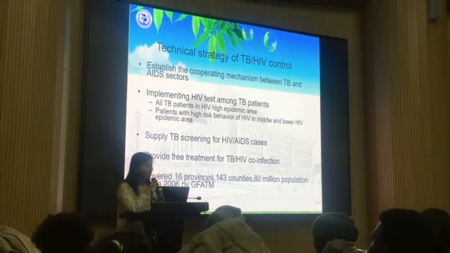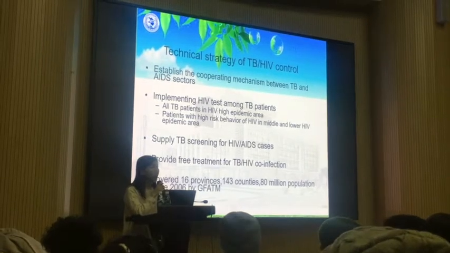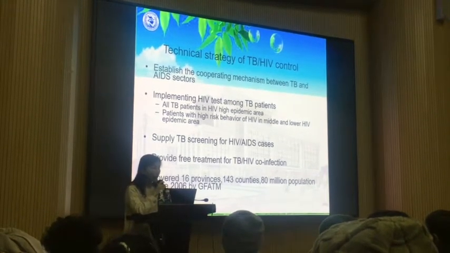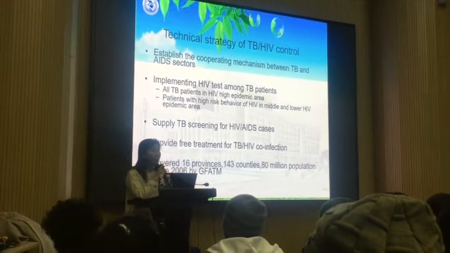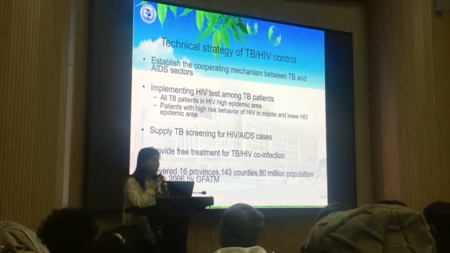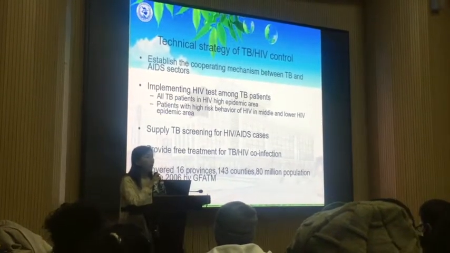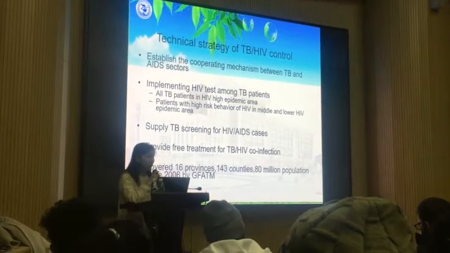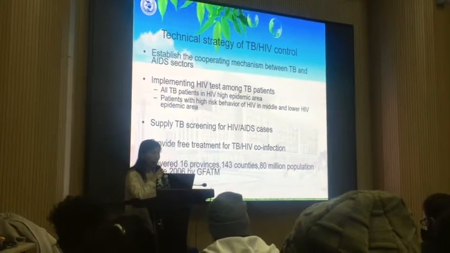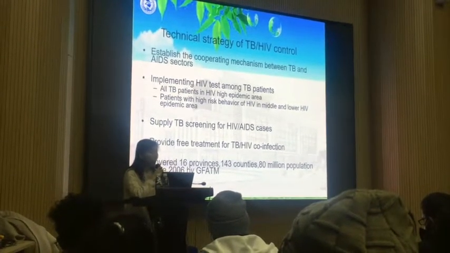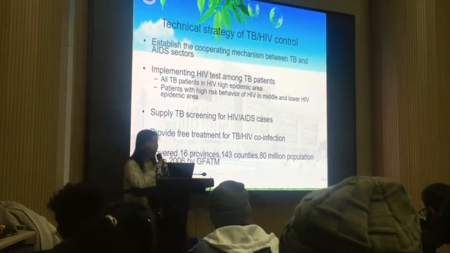In HIV higher epidemic areas, all the TB patients need to be tested for HIV, and in middle and lower HIV epidemic areas, the patients with high risk behavior of HIV will be tested for HIV.